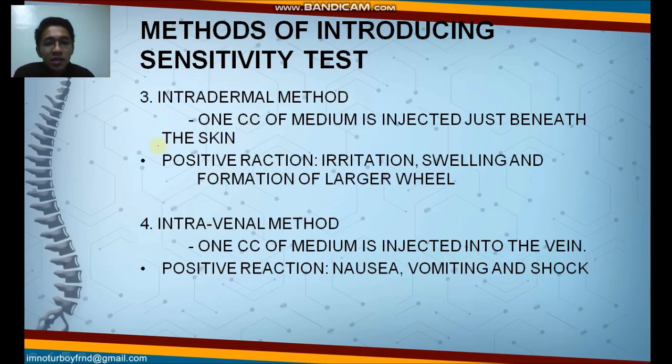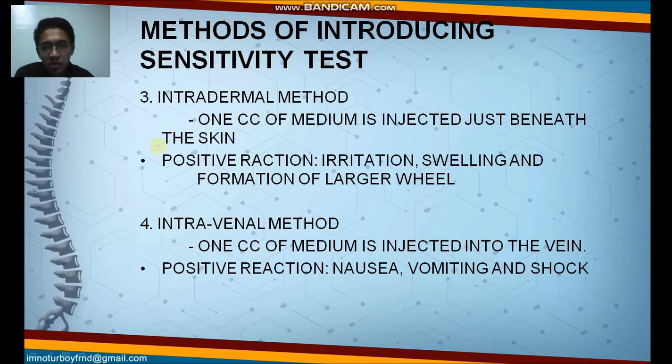And then the intradermal method, 1 cc of medium is injected beneath the skin of the patient. It is not in the muscles. And then the best and the most commonly used now is the intravenous method, or introduction of 1 cc of contrast medium injected towards the venous system of the patient.